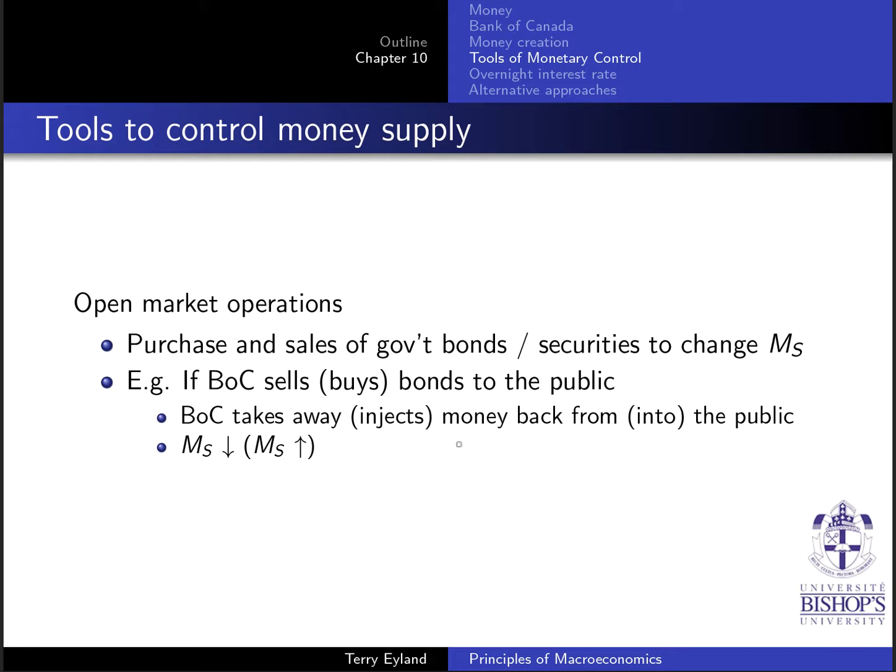This is not a commercial bank, so when they sell bonds to the public, they're taking money away from the public, and it's decreasing the money supply.